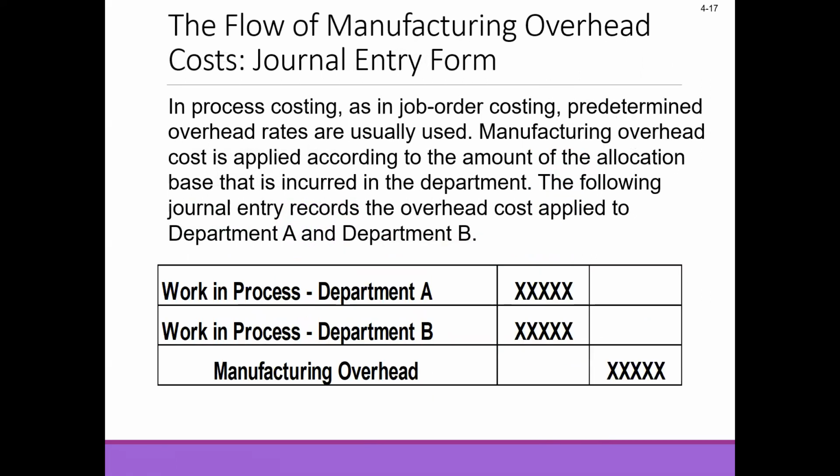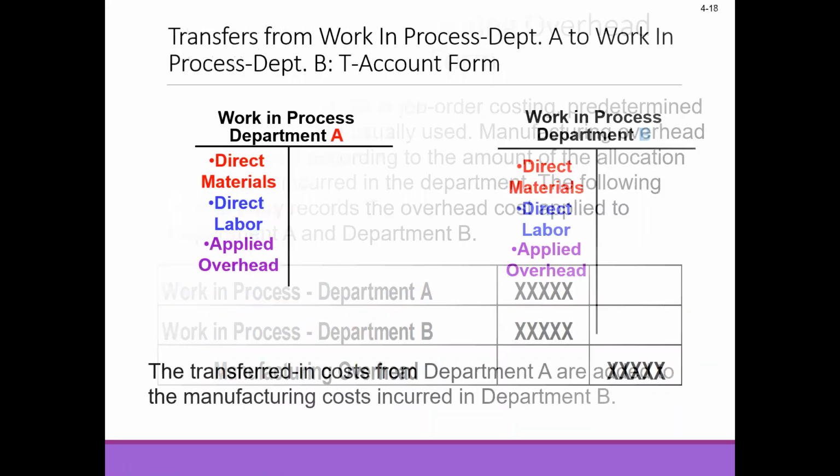Same kind of journal entry, just like we did in job costing, but instead of jobs, we put them into departments. In processing, predetermined overhead rates are usually used. Manufacturing overhead cost is applied according to the amount of the allocation base that is incurred in the department. The following journal entries record the overhead costs applied to Department A and Department B.